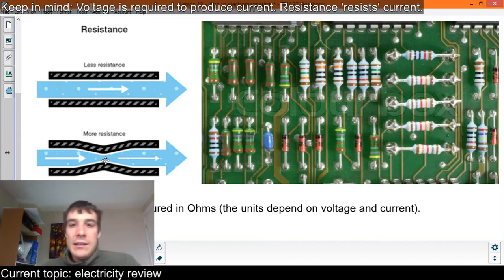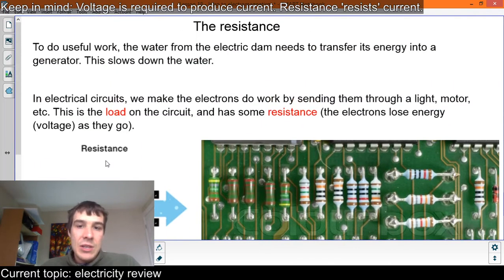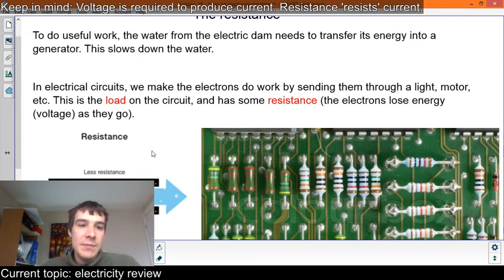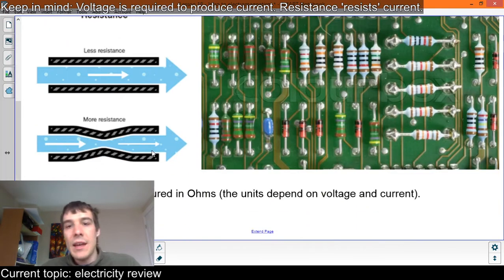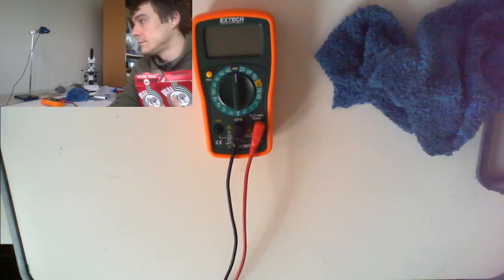It's not how much energy they lose, but how much the current gets impacted by whatever it's passing through. It's a drop in voltage, and I'm going to show another little example of this over on the side here. So let me pause.